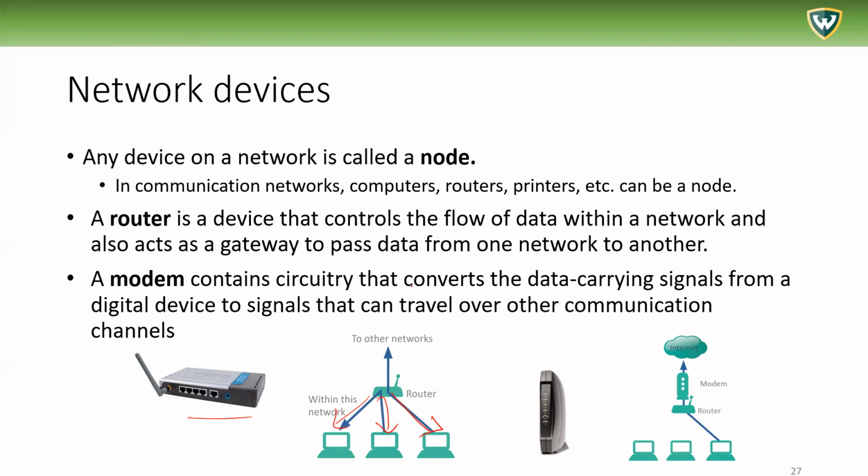The modem contains circuitry that converts the data carrying signals from a digital device to signals that can travel over other communication channels. What the modem does is translate the communication from the computer, the digital device, into the coaxial cable that needs to be used to continue that transfer of data.